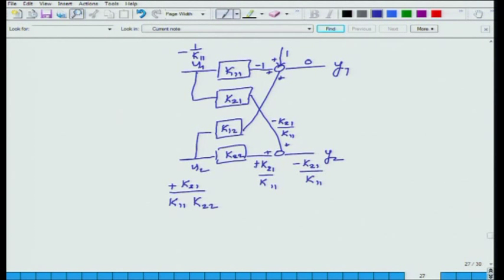So this will become plus, and once this has become plus, these two terms cancel out. Because these two terms cancel out, y2 goes back to 0.